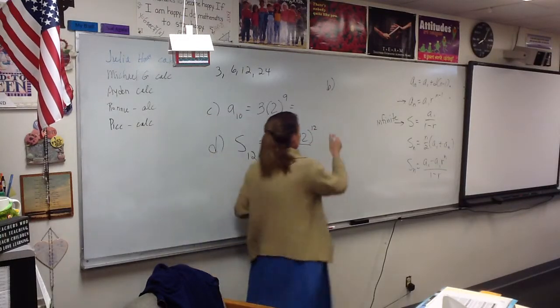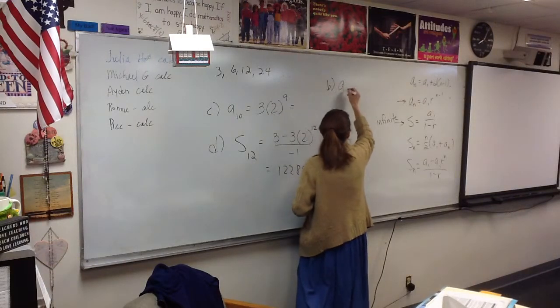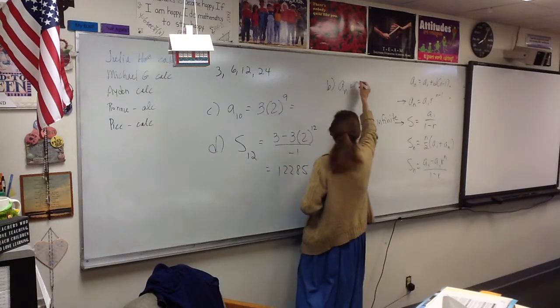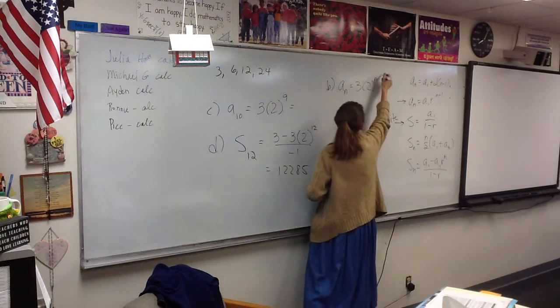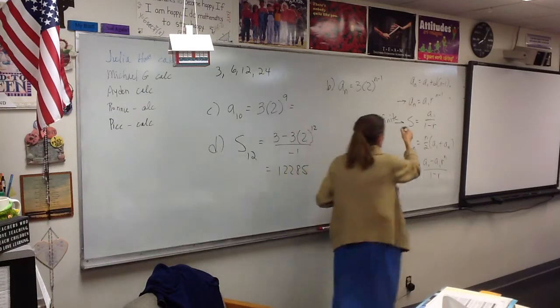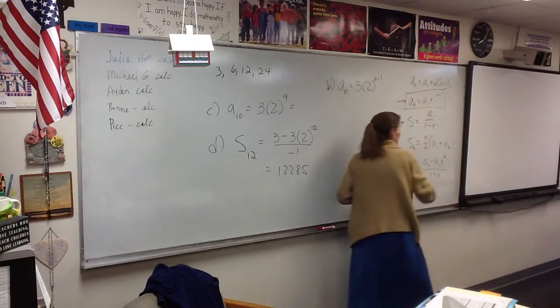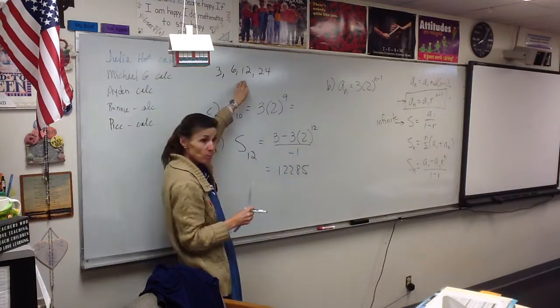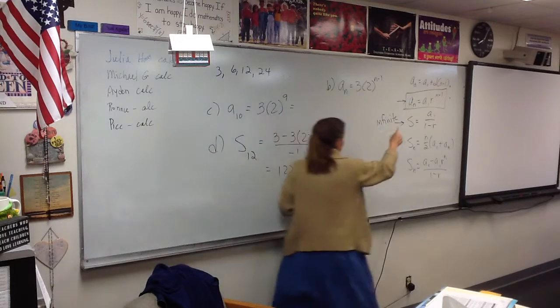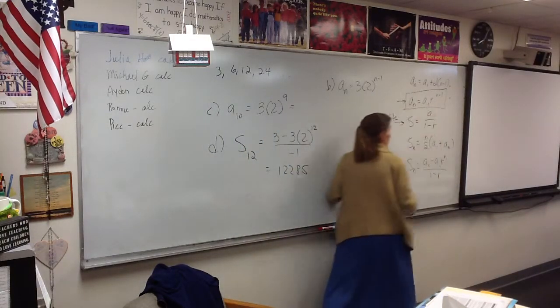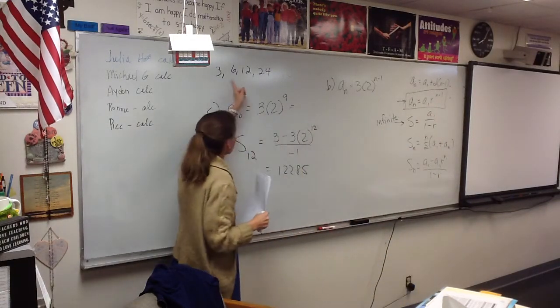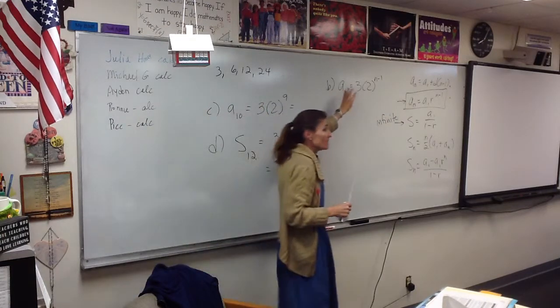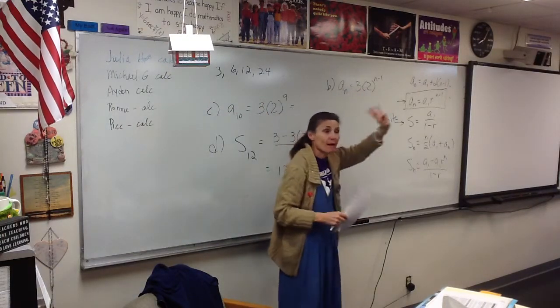The explicit formula is just for this problem, A sub n equals 3 times 2 to the n minus first. This is an explicit formula. We just make it specific to this problem by putting in 3 and 2, our first term and our common ratio.